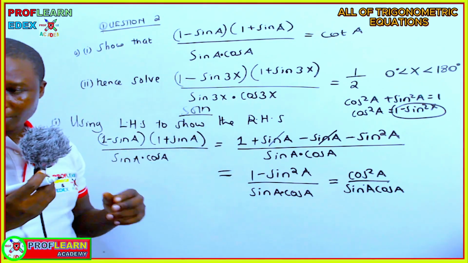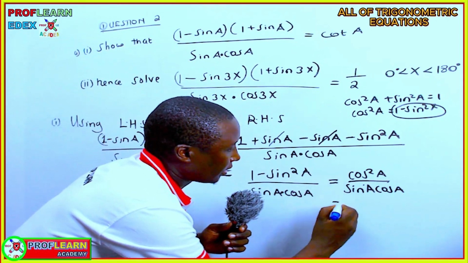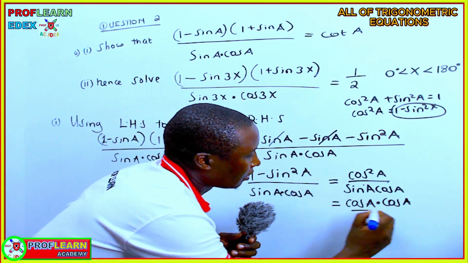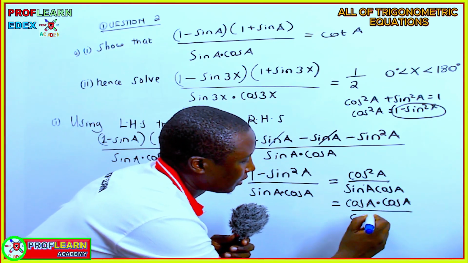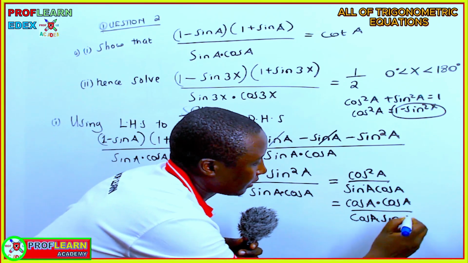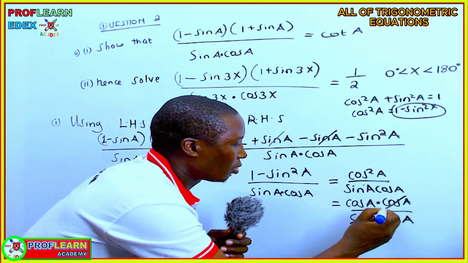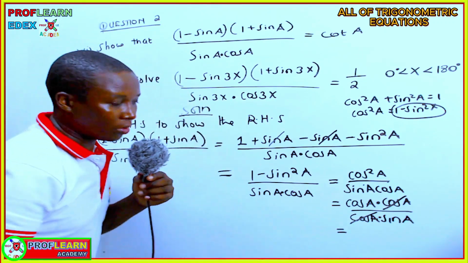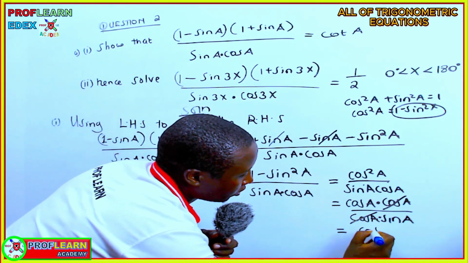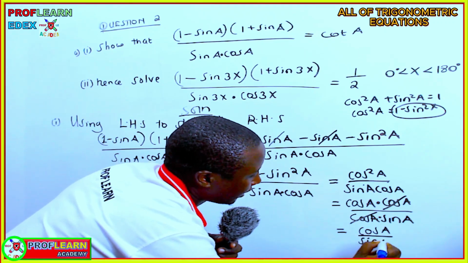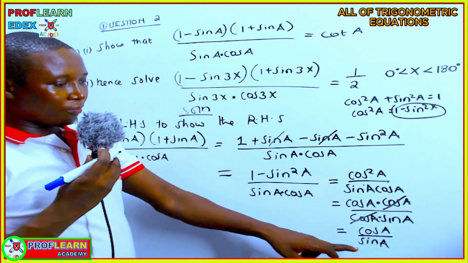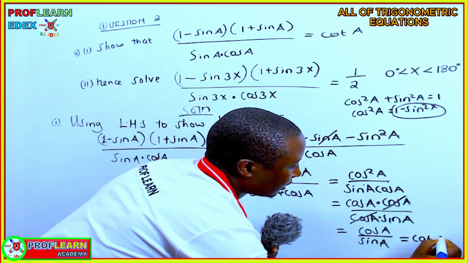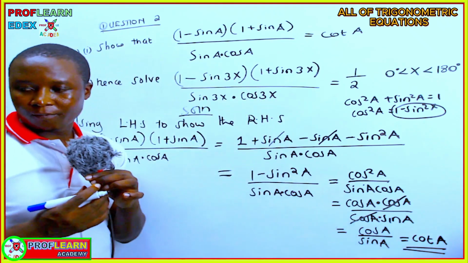When you have cos squared A, that is the same as cos A times cos A over cos A sine A. So cos A and cos A will cancel out, and we remain with cos A over sine A, and cos A over sine A is actually cot A. So that is exactly what we are supposed to show.